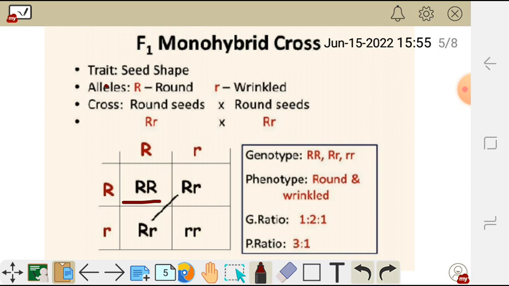Now for the genotypic ratio, we are going to have 1 homozygous dominant, 2 heterozygous dominant, and 1 wrinkled. So we show that there. And then the phenotypic ratio, the phenotype, the outside appearance, how these seeds look. The appearance of these three seeds is all round. So we are going to have 3 to 1 wrinkled seed.